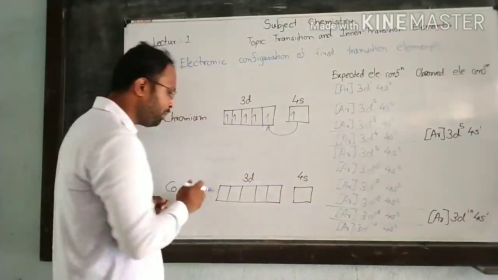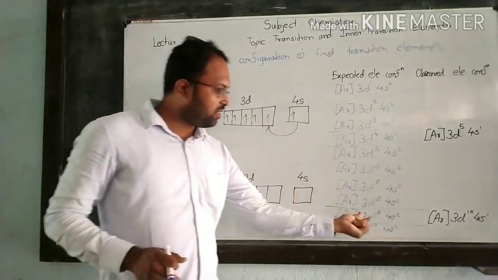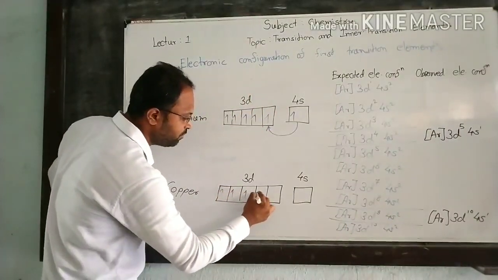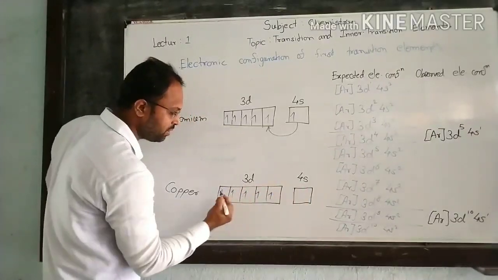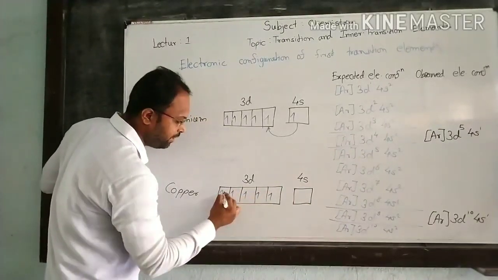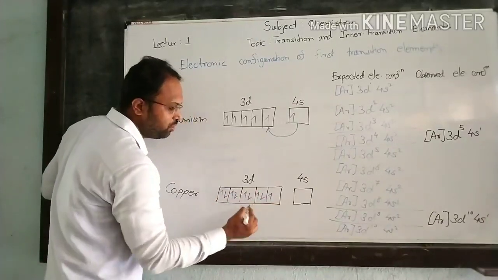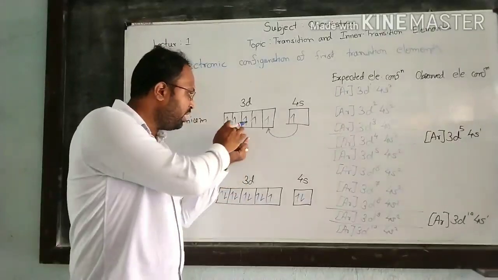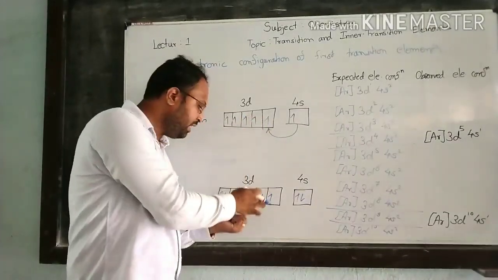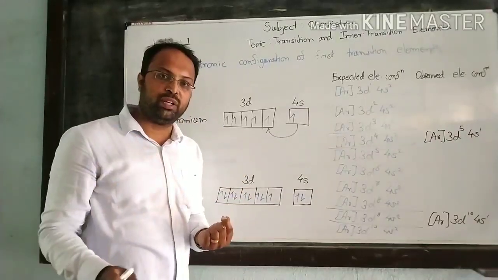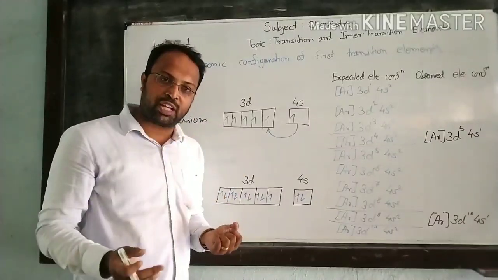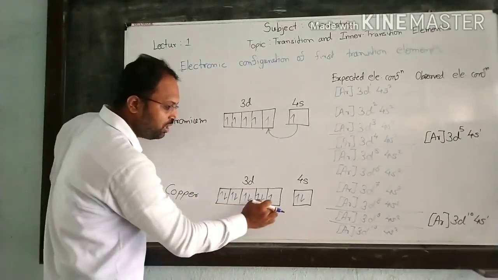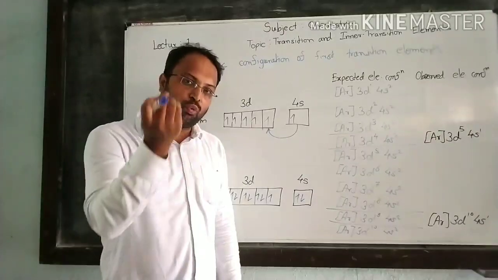Now for copper, the expected electronic configuration is 3d9 4s2. The first 5 orbitals contain a single electron and then the next ones get paired, and 4s contains 2 electrons. Here half-filled has extra stability and full-filled has extra stability. Each orbital has a capacity of 2 electrons. Already 4 orbitals are fully filled, and only 1 orbital remains carrying 1 electron.